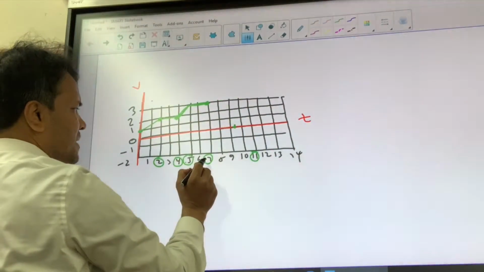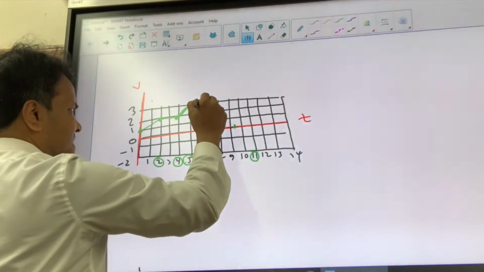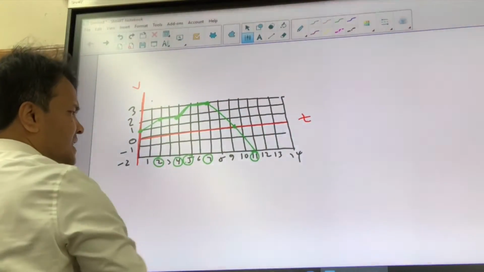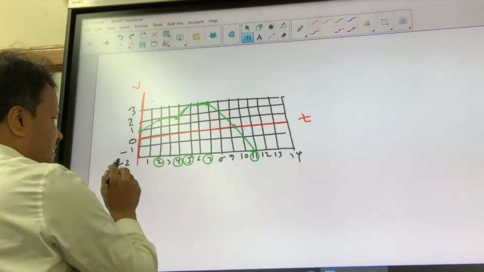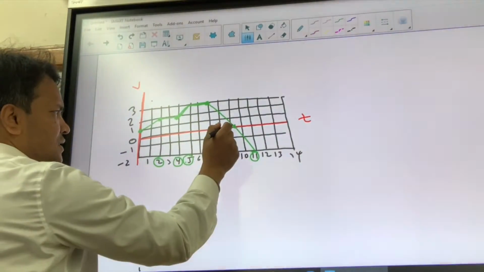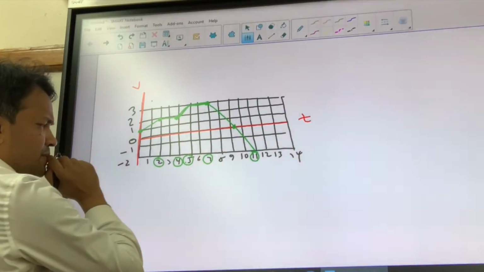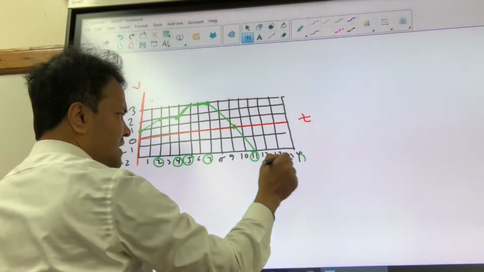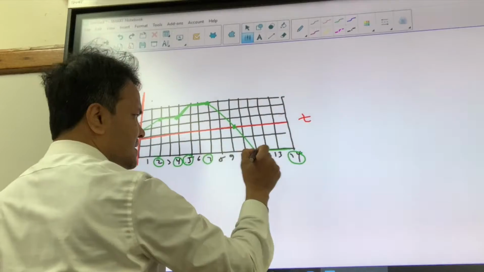At 7 seconds the object started decreasing its velocity, and then increases its velocity to -2 meters per second. Here the object's velocity is 0. And from 11 to 14 seconds, the object's velocity is constant.